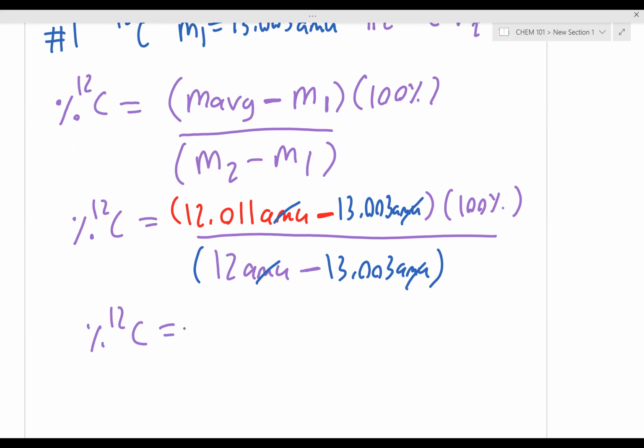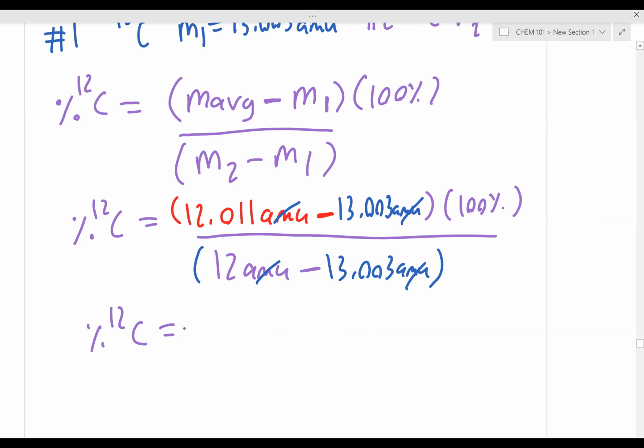So in our calculator, we'll enter 12.011 minus 13.003. You should end up with a negative number. That's normal, that's okay. Next, what are we multiplying by? 100. So let's multiply by 100. We still have a negative number, negative 99.2.